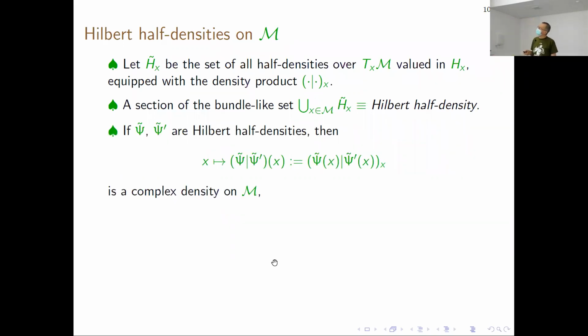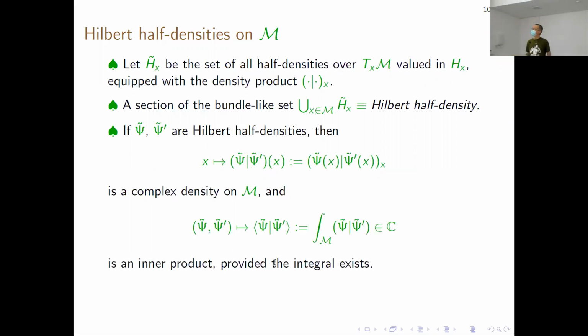Now, if I have two such half densities, then I can pair them using these density products point by point. As a result, I obtain a complex density on the manifold. Then I can try to integrate this density over the manifold.